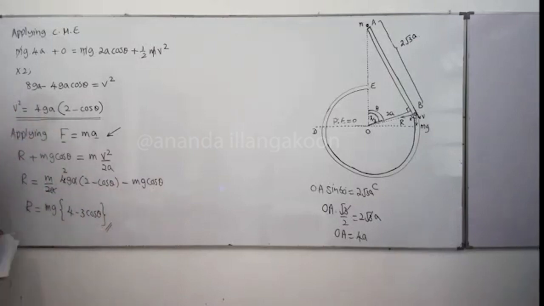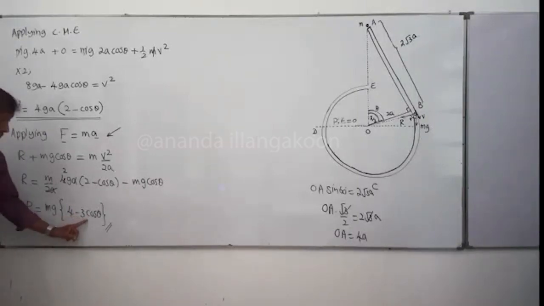Right. You can very clearly notice, people, this R is mg times this part within the bracket. This part within the bracket is always positive. How do we see it? Here we have a subtraction. Let's see the maximum value of this 3 cos theta. 3 cos theta takes its maximum value when cos theta is maximum. Maximum value of cos theta is 1.